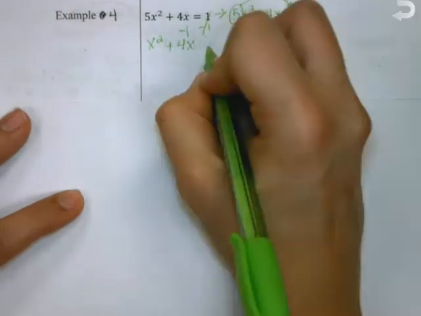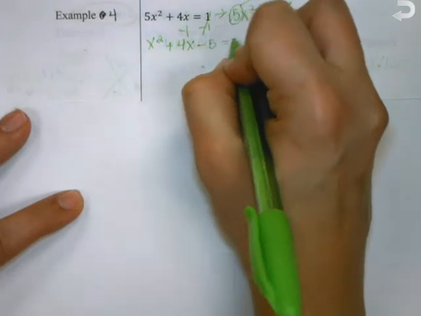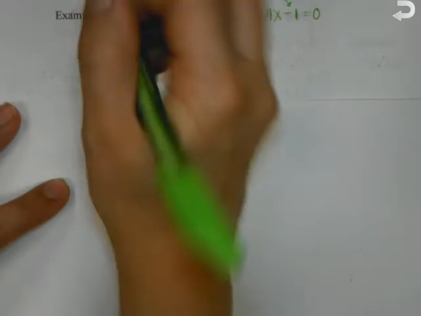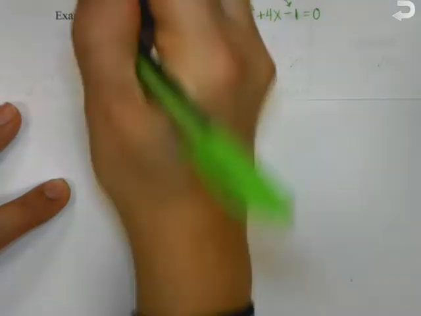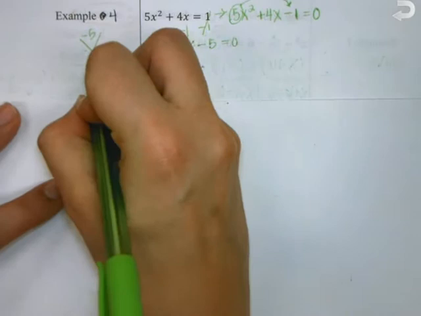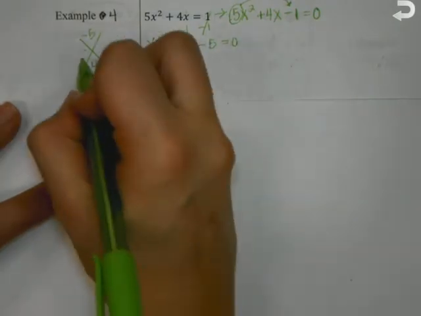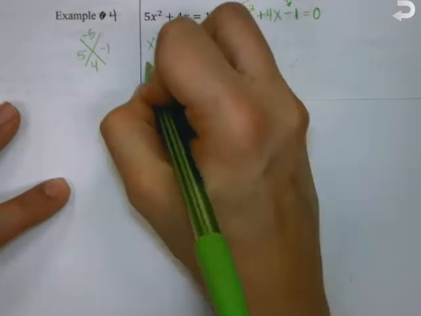What do I do next? Diamond. So what are two numbers that multiply to negative 5 and add up to 4? Natalie. 5 and negative 1. Perfect. So that is x plus 5 times x minus 1 equals 0.